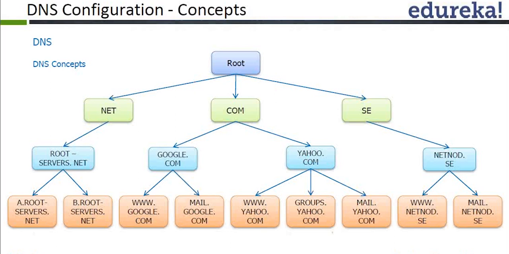Similarly, you have configured your own mail server like mail.xyz.com. Apart from these 2 servers, you wanted to maintain your own DNS server. This DNS server maintains the information about your domain, whatever you have created, xyz.com, right?